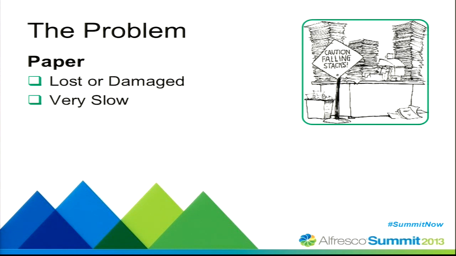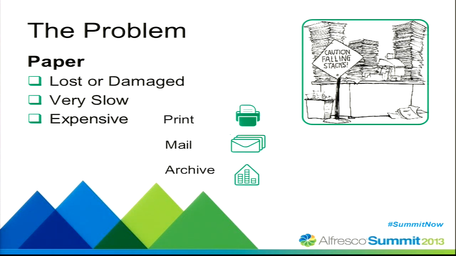The number two problem was that slow document routing of paper was causing too long a process in loan approval for their retail partners. So the retail partners really saw the money after they sold the goods about 5 days later. And last but not least, handling of paper documents was costing a lot of money on contract printing, postage, and archiving.